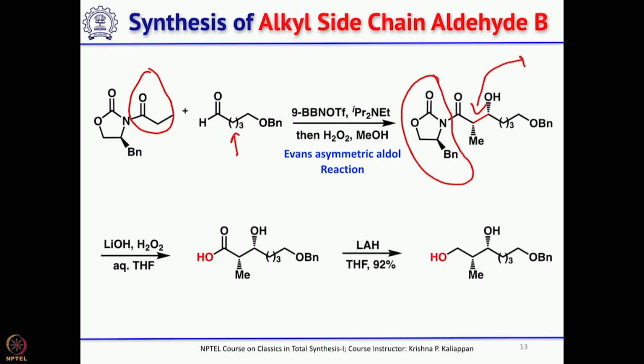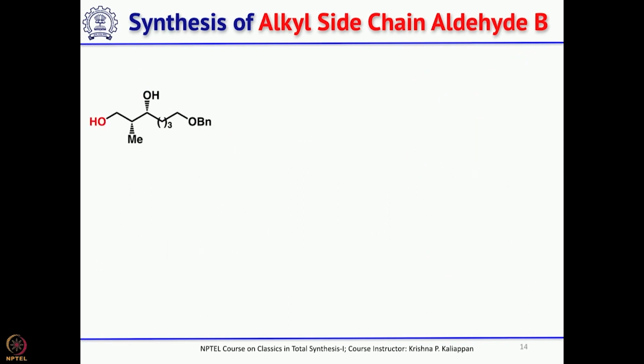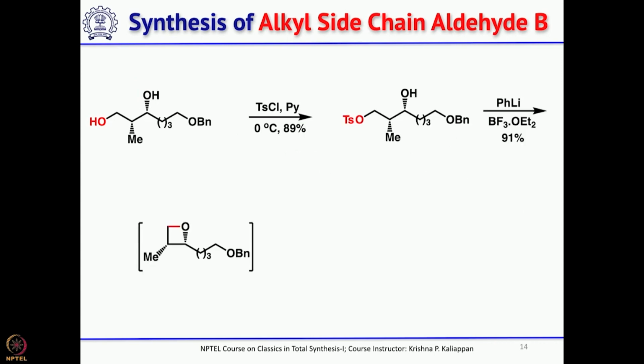What's the next step? Reduction of the carboxylic acid with LAH gave the 1,3-diol. In the 1,3-diol, one is a primary alcohol, the other one is a secondary alcohol. Then take this primary alcohol, tosylate, you get the primary tosylate.